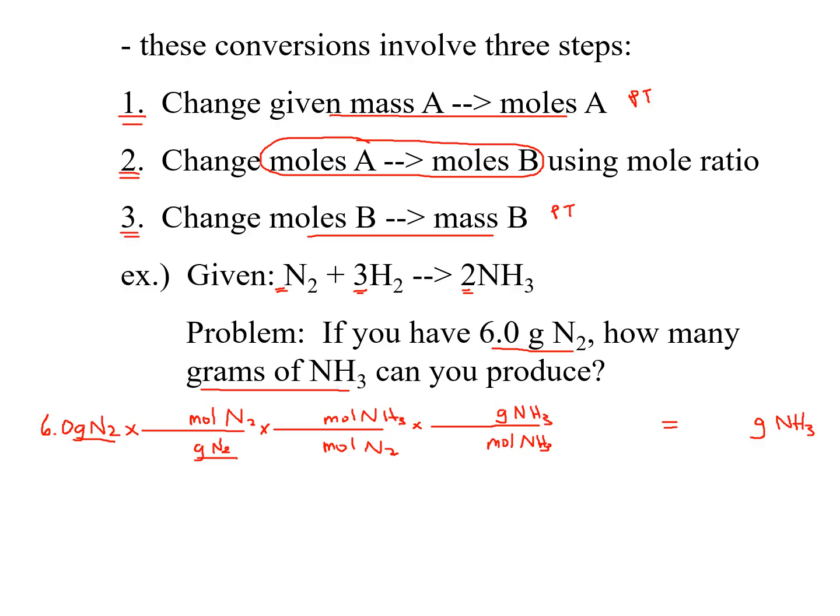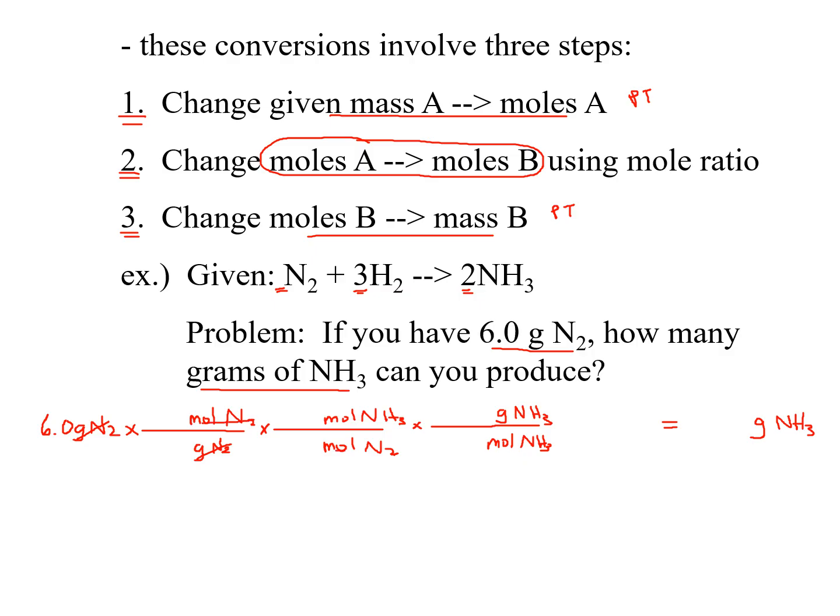Okay, now follow along with me because I want you to make sure that you understand that this is the way it's supposed to look every time you do a problem like this. So you have grams of N2, and then grams of N2 are on the bottom here. Therefore, those units are going to cancel. Then you went to moles of N2, and you put moles of N2 on the bottom over here.